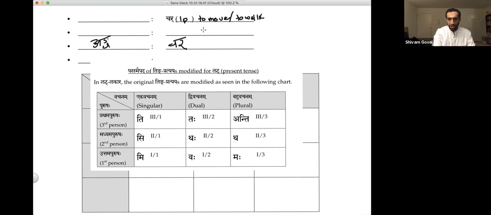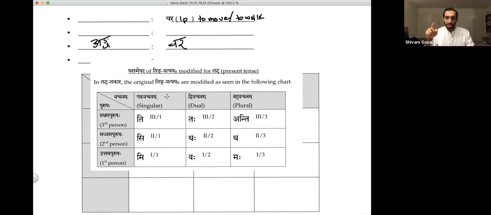This becomes chal in our colloquial languages, right? Okay, so char, chara. So chara plus ti, charati. Chara plus taha, charataha. Chara plus anti, charanti. So that translates as they all go.